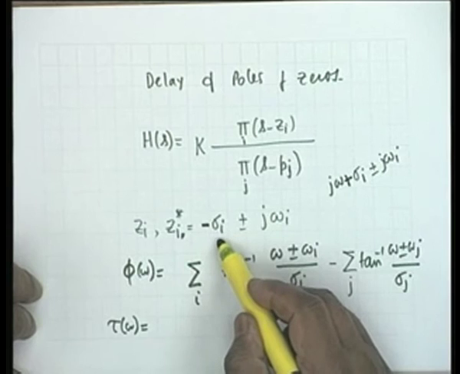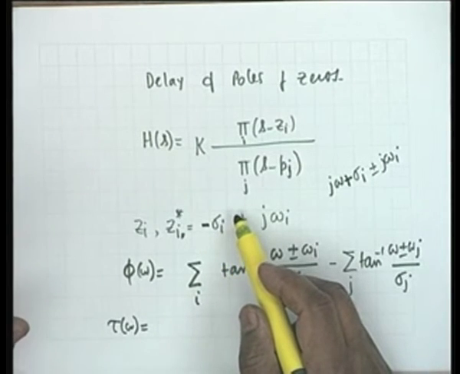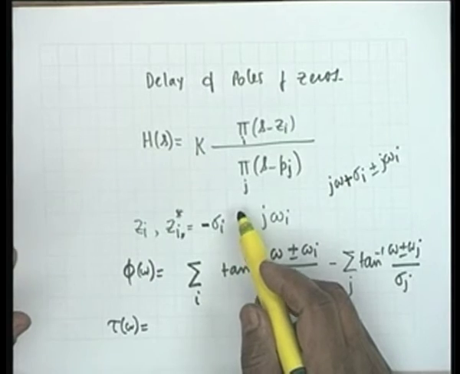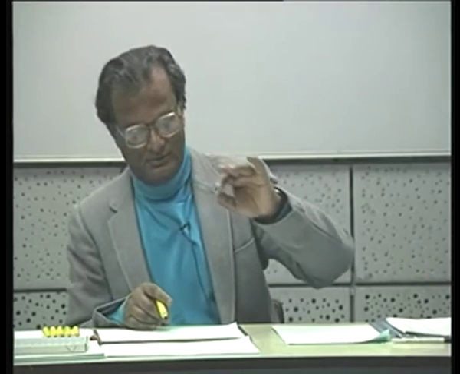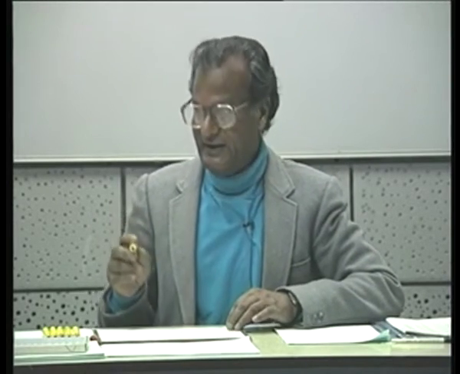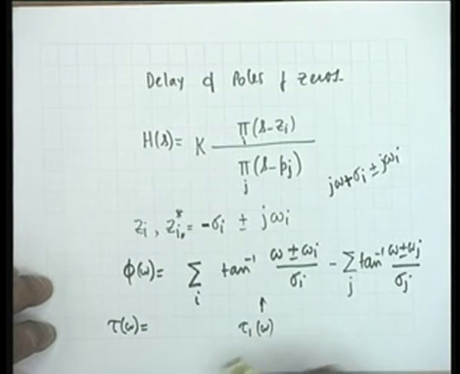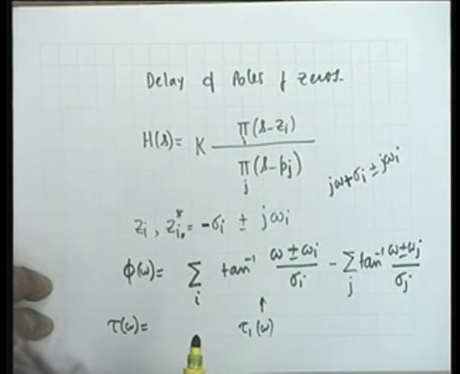But obviously, what is the restriction on sigma_i? It should be, no, zeros are not restricted. The restriction is on the poles. Whatever the case may be, this will contribute a delay which will be negative.